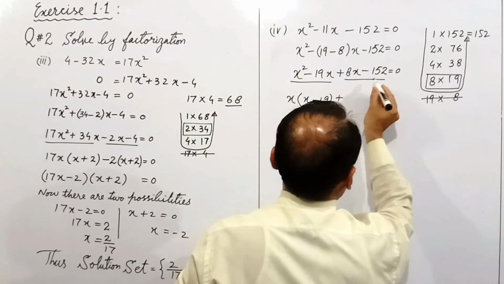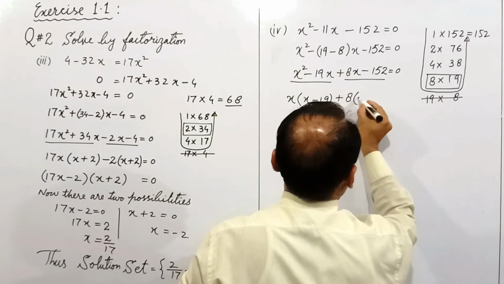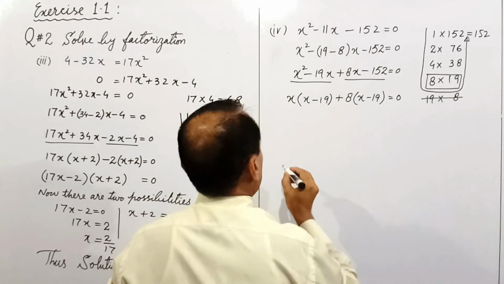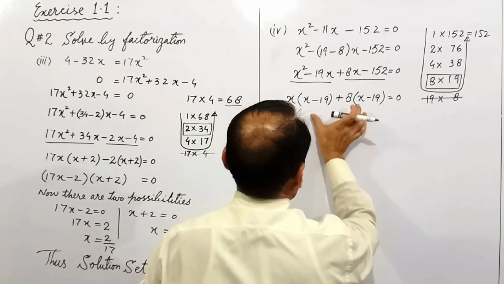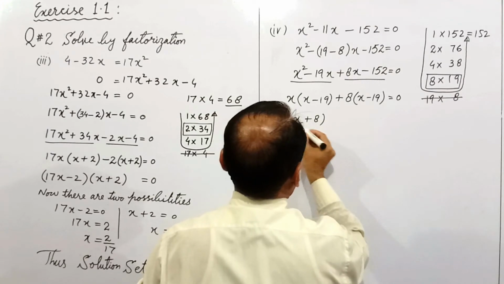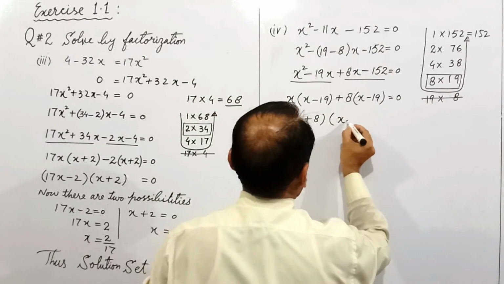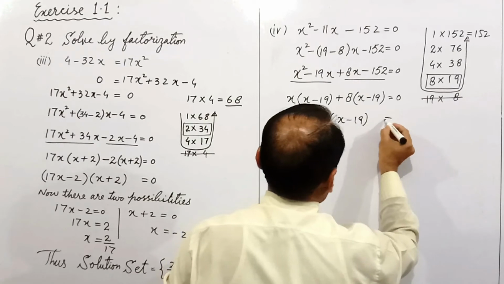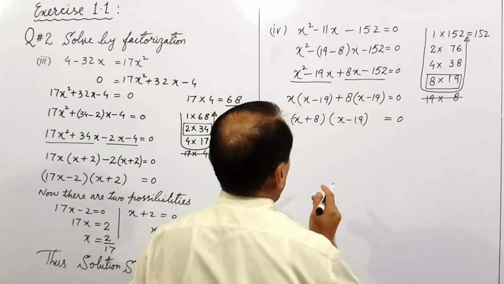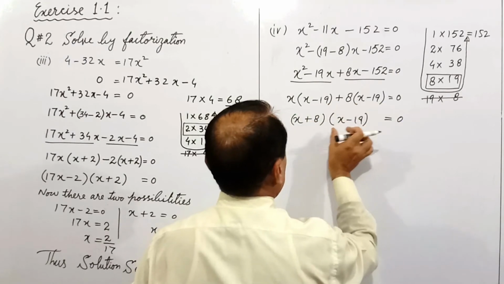In the other two, 8 is common, x − 19 will be the remainder. Now we write x + 8 as the first factor and x − 19 as the second factor according to the right property of taking common, as x − 19 is a common factor in both of these.